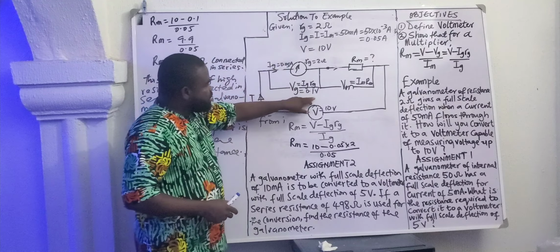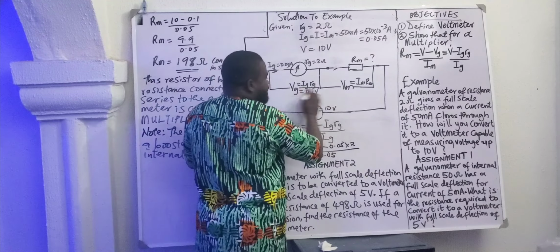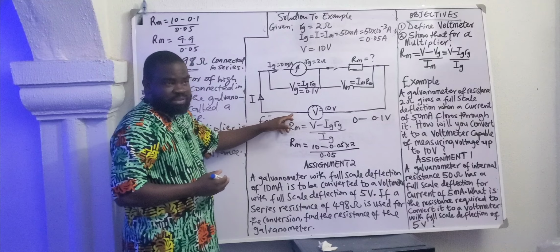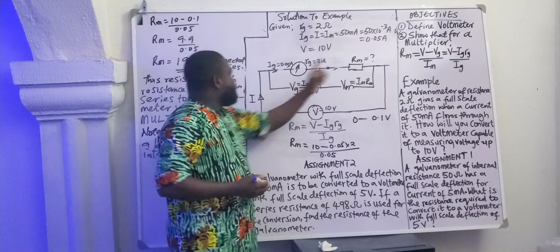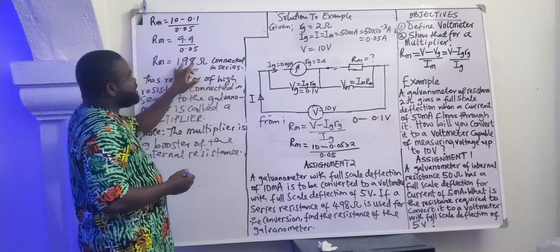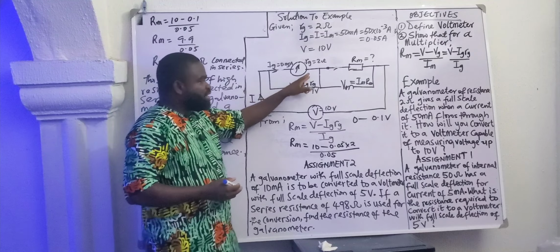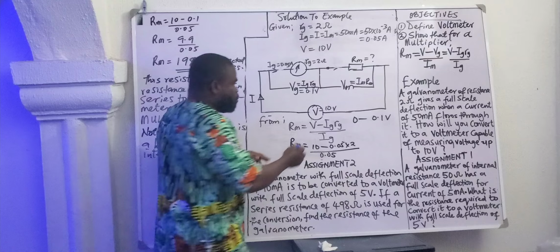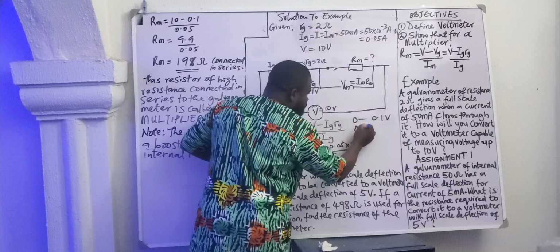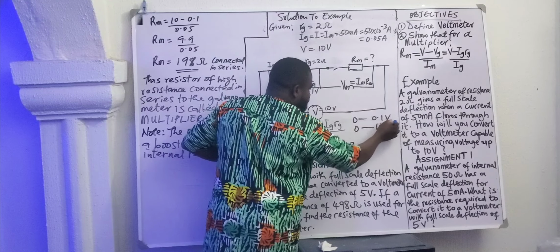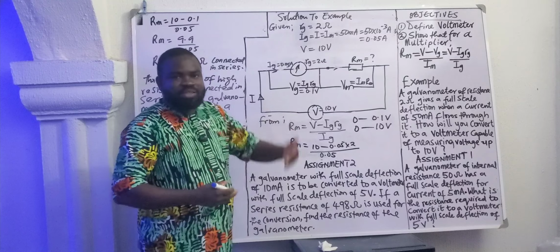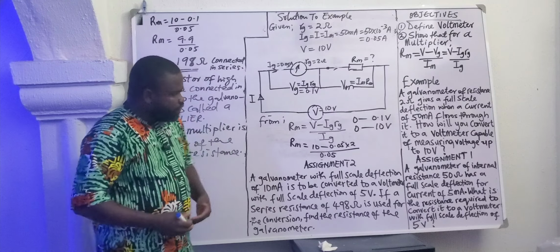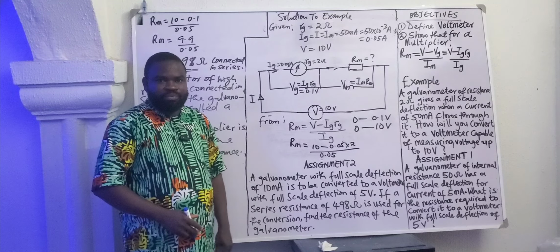The voltage of the galvanometer ordinarily is from 0 to 0.1 volts, but by connecting a multiplier of value 198 ohm in series to this galvanometer, I have been able to raise its rating to 0 to 10 volt. So it's about raising the voltage rating of an instrument.